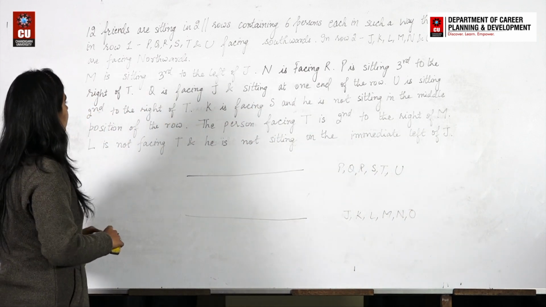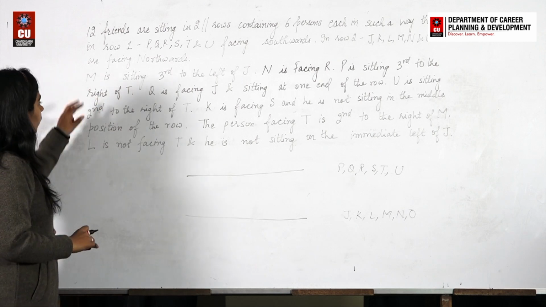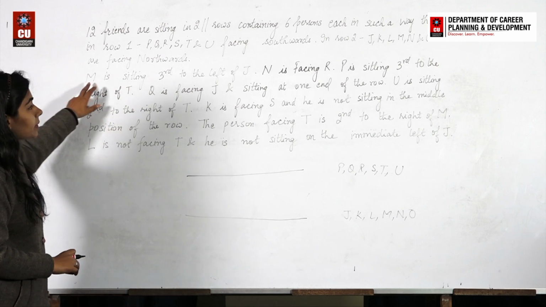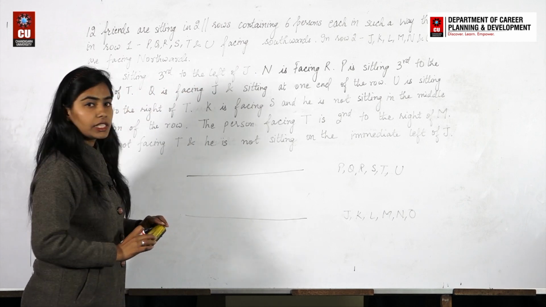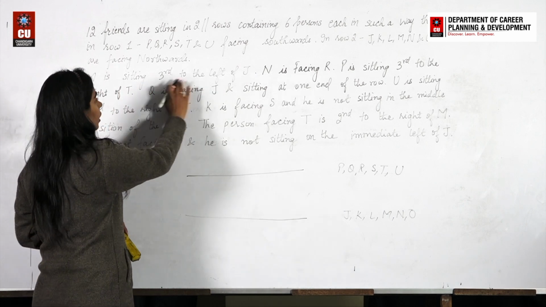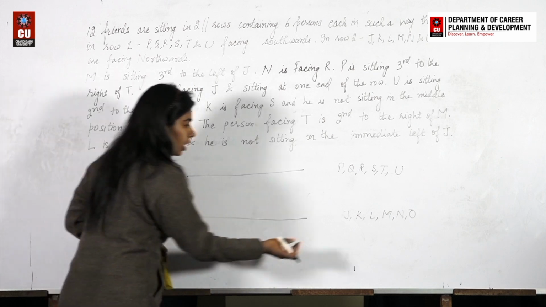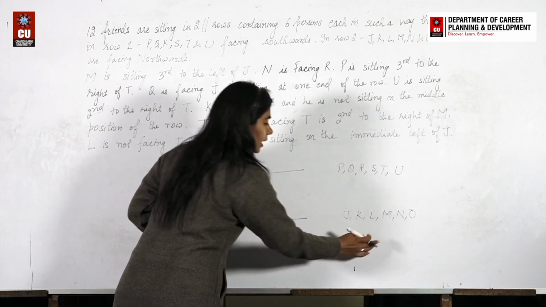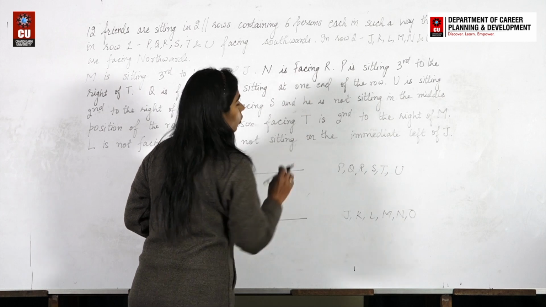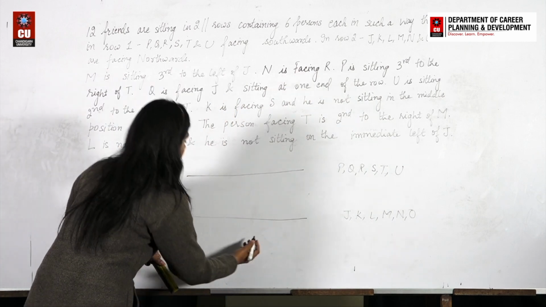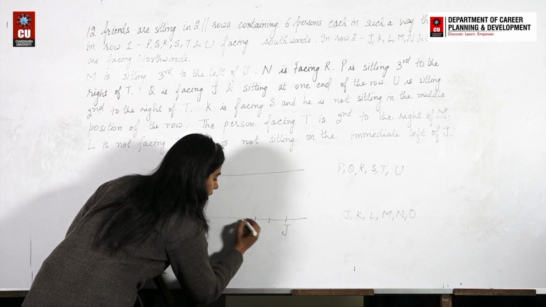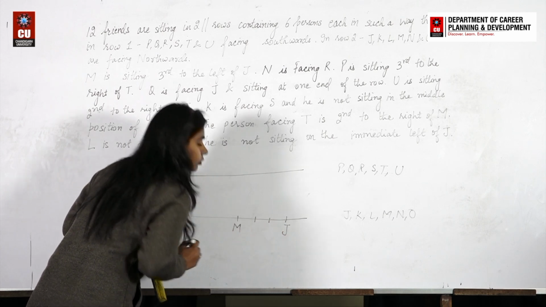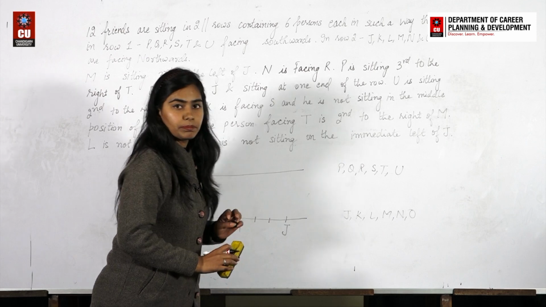Now, as we start this question, the first statement is M is sitting third to the left of J. J and M are in row 2. We have drawn J and M.